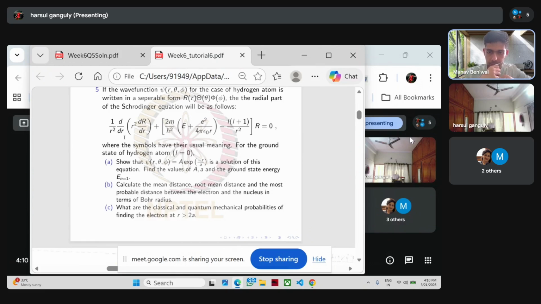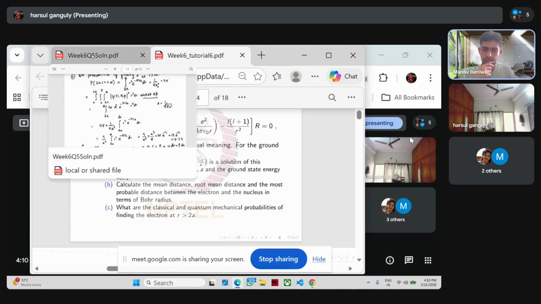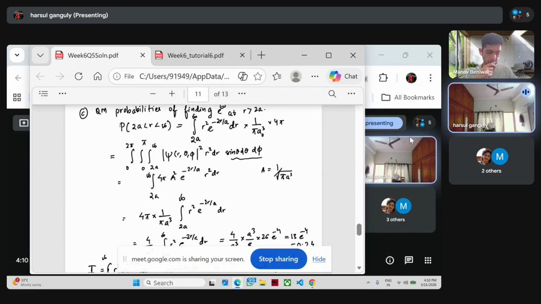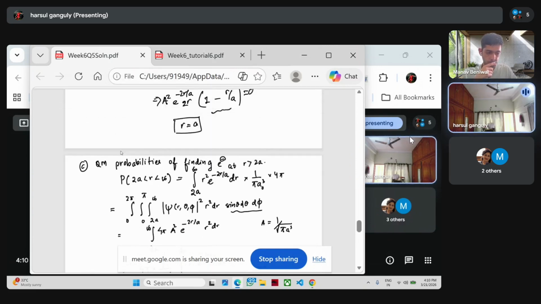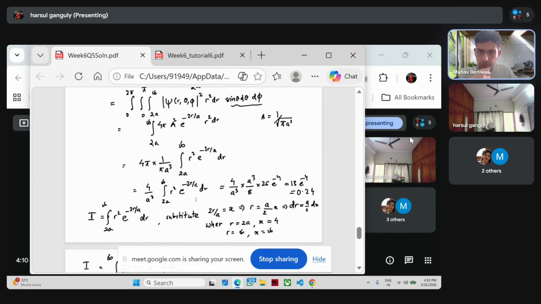What are the classical and quantum mechanical probabilities? Okay, so we have read the question. Now, what is your doubt? Now I am opening the solution. So the quantum mechanical probability was given using this result, from 2a to infinity.